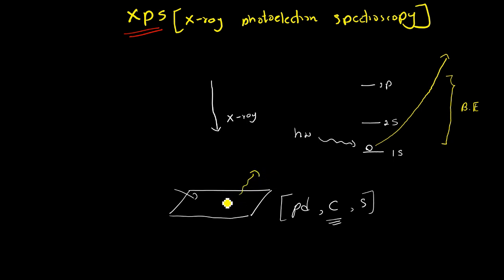We want these electrons to come out of the surface and we will catch them using a detector. That's why we are using X-rays. X-rays are very energetic, so these photons have very high energy. That energy is sufficient to pop out these electrons from the atomic level. So this electron will come out.